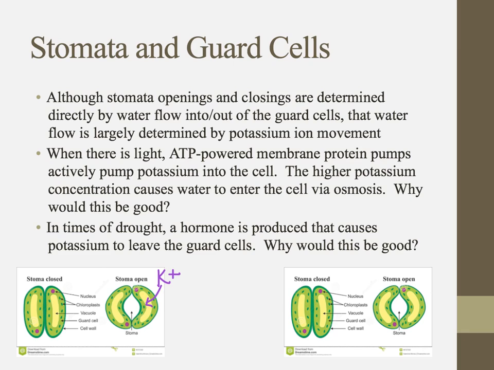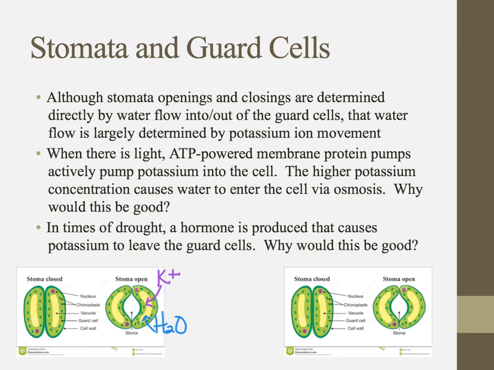That's going to cause a difference in concentration, and those ions have no way of diffusing back out on their own. So nearby water is going to move into the cell via osmosis due to the change in potassium concentration. That's going to cause, again, this central vacuole to fill up.